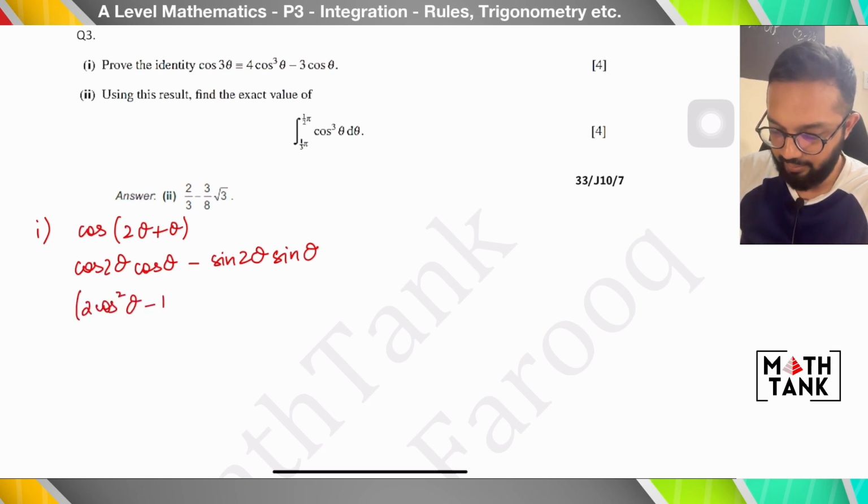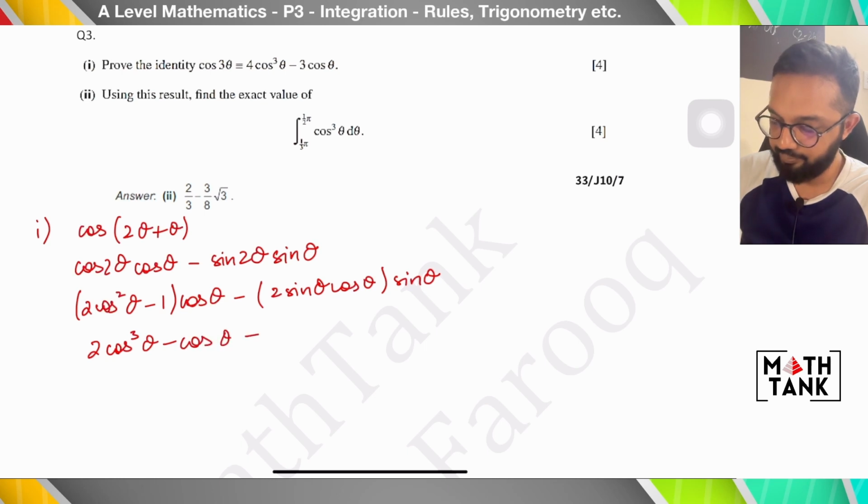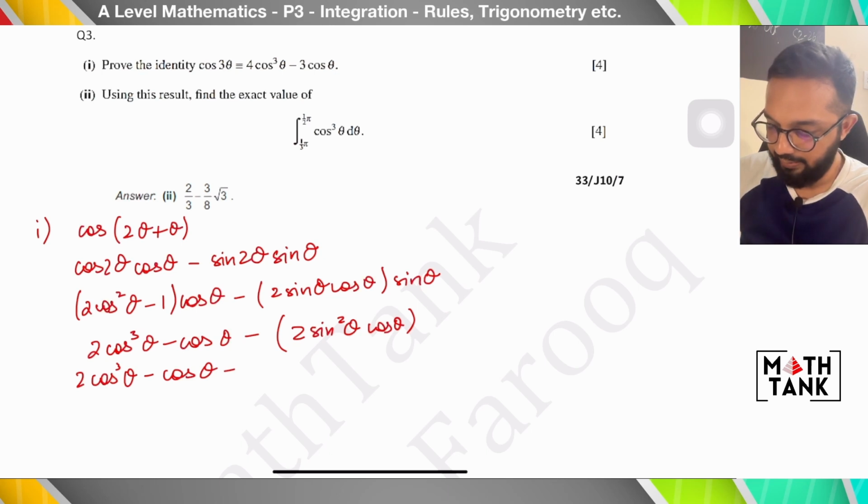I need everything in terms of cos theta, so that's what I'm going to do. 2 sine theta cos theta into sine theta. So that gives me 2 cos cube theta minus cos theta and 2 sine square theta cos theta. So 2 cos cube theta minus cos theta minus 2 1 minus cos square theta into cos theta.